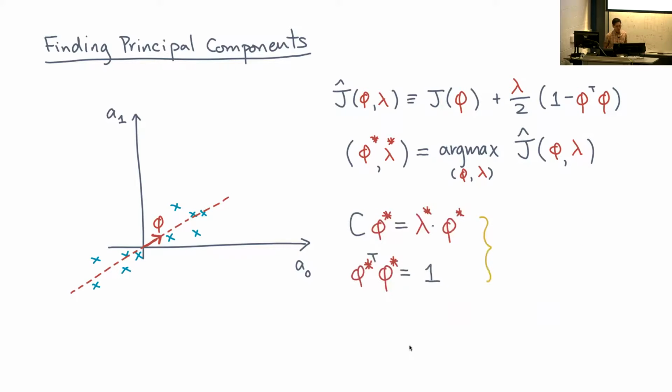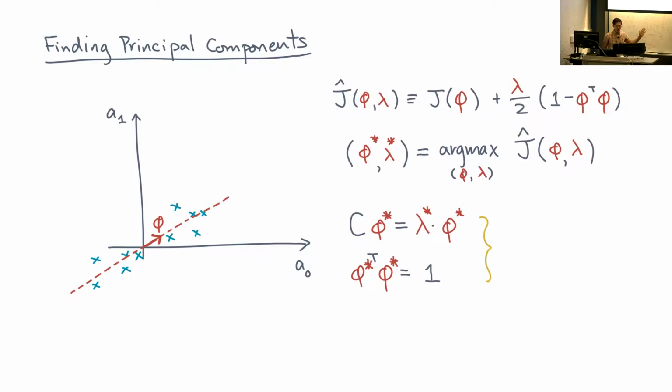We set those to 0, and we get 2 equations. What kind of linear algebra problem is this? I have a matrix times a vector equal to a constant times that same vector. Eigenvalues? Yes, this is an eigenvalue, eigenvector problem. Good.